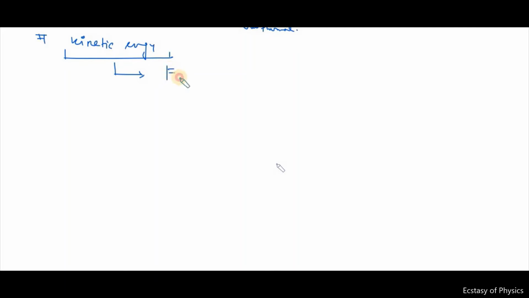So we can say the energy possessed by any object due to its motion. So that's representing the kinetic energy.